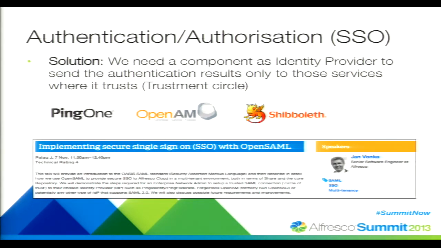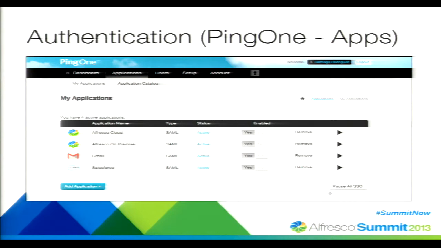Basically, the options that we have in order to set up an identity provider are PingOne, OpenAM, or Shibboleth, okay? In the sample that we are going to see later, we are going to use PingOne. This is PingOne, in fact, okay? This is an application that allows us to register some services where we are going to do single sign-on.